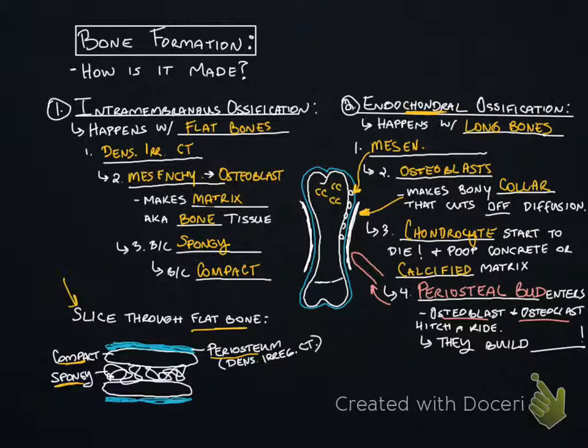So they hitch a ride into this region, into that cartilage matrix, and they start to build bone. And this is that process of endochondral ossification. So it busts through that bony collar and eats through, and then we'll start to ossify this cartilage.